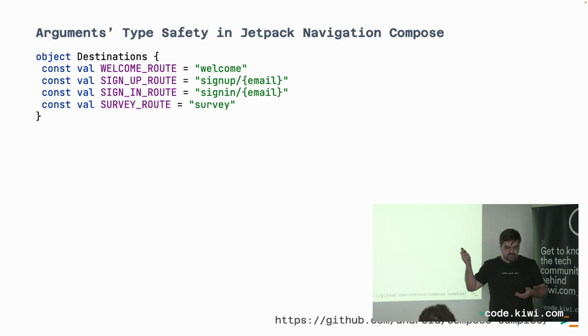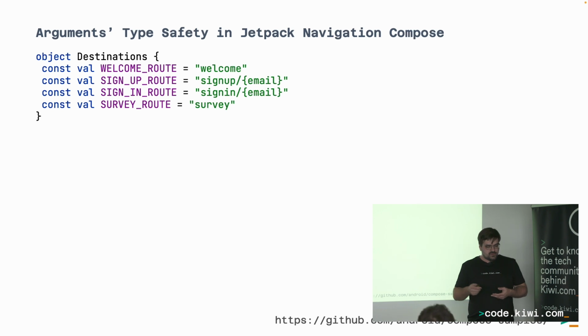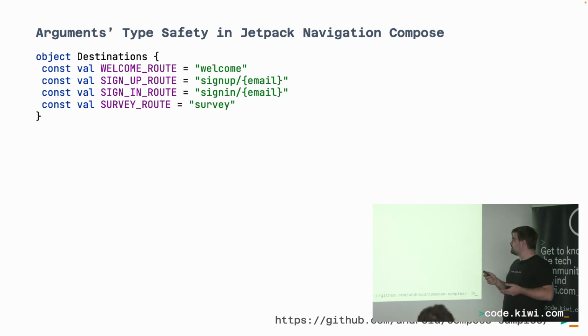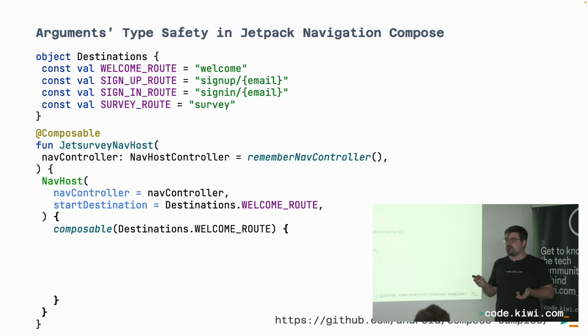The domain is missing, but the path is there. You can see that if there is an argument or some input for the destination, you should put the email placeholder into the route. Then you will use the nav host from Jetpack Navigation. You will define the start destination and define the actual destinations, how to render them.